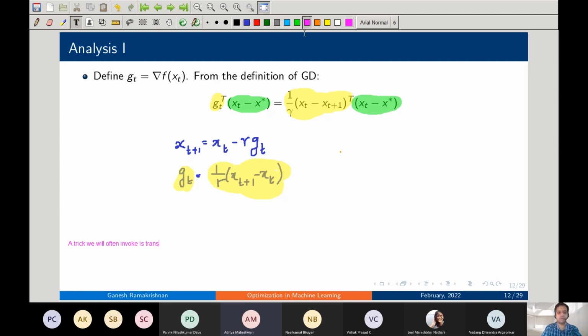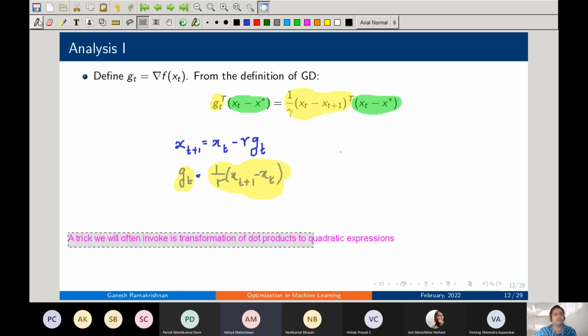This is all algebraic transformation. Toward that, I'm going to call this expression W and this expression V.